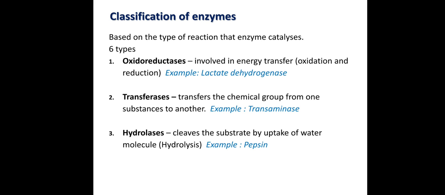So this class of enzymes helps in increasing the rate of chemical reaction by either oxidizing or reducing. They act either as an oxidizing agent or a reducing agent. Such a group of enzymes are called oxidoreductases.